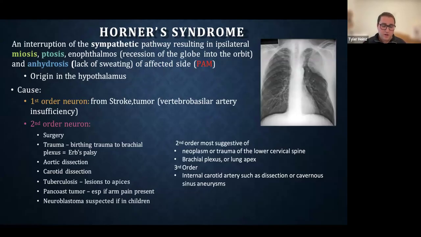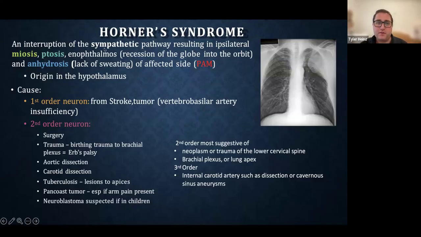If it's third order, it may be an artery dissection. So if you see a small pupil, droopy lid, you need to find the break in the chain somewhere, whether it's first, second, third order. So you want to check the brain, the lungs, the carotid artery, whichever may correlate to finding a stroke or a tumor or some type of tearing artery. Okay.